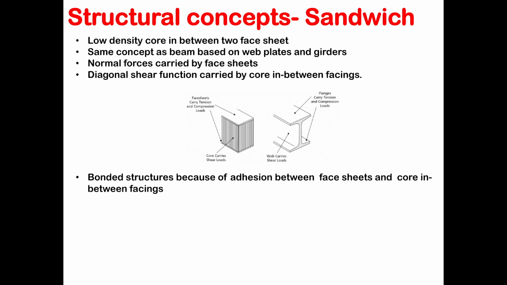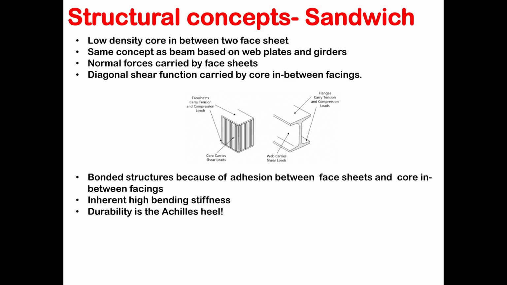The face sheets and the core are bonded through adhesion. Because of that, there's an inherent high bending stiffness in sandwich structures. But the problem with sandwich structures is always durability. It is their Achilles heel because the core is not very durable.